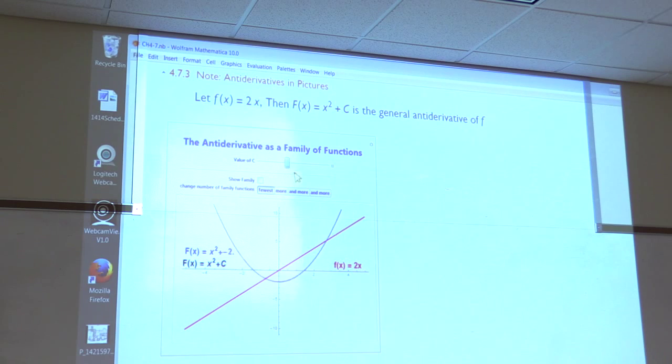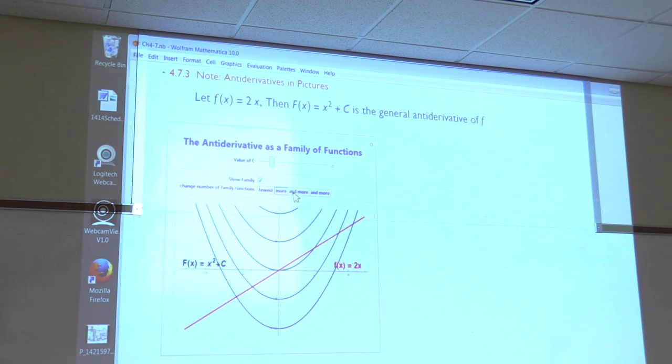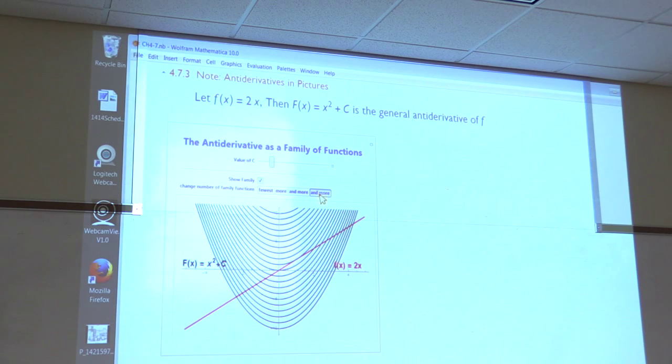Any of these would qualify as being an antiderivative of 2x. So we actually have an entire family of functions. How many of them? Infinitely many, right? You have an infinite number of antiderivatives of 2x.